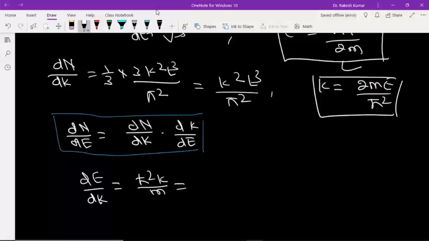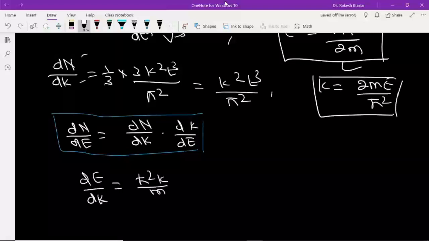So now we have a number that is dE by dk, and we also have dn by dk. So we have to determine this number dn by dE.